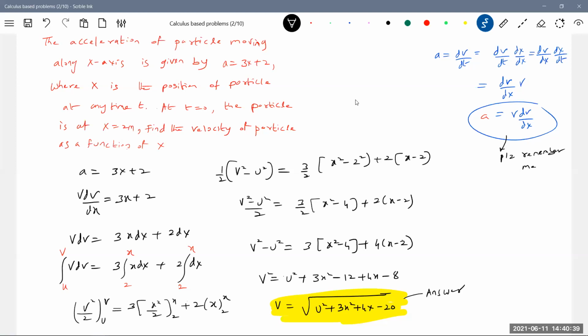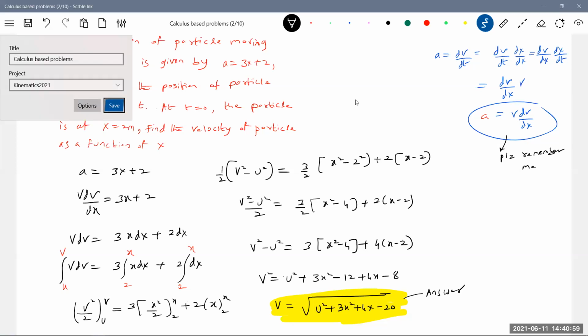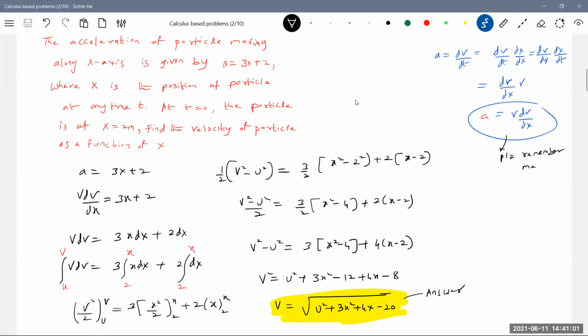Whenever the acceleration is a function of position, you have to write it in this way: a equal to v dv by dx. Write it down first. I will take the next question.